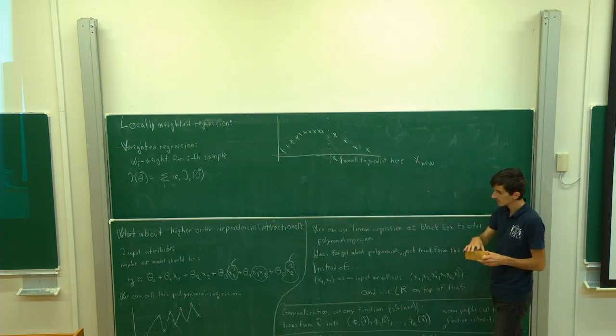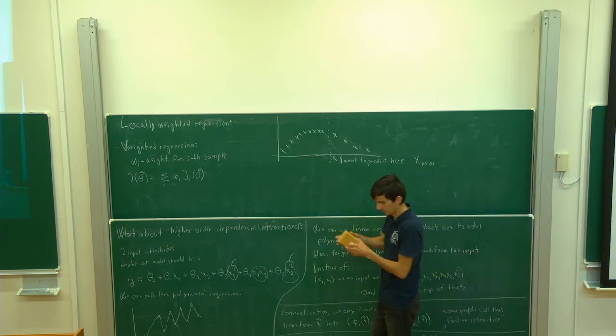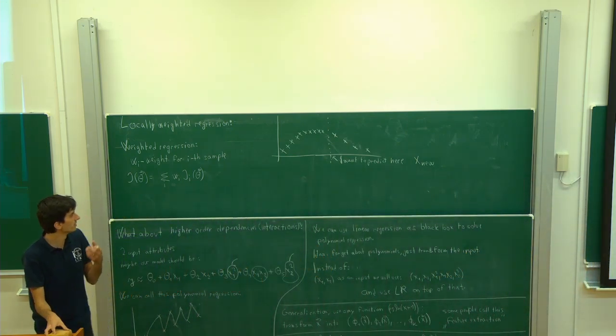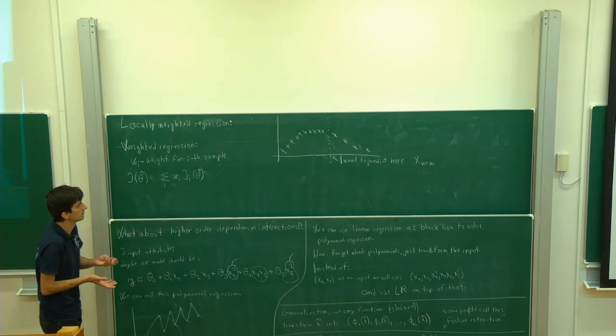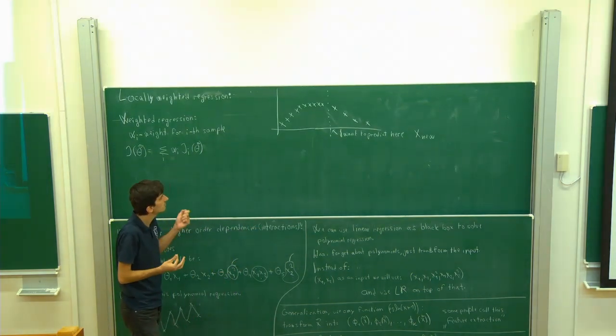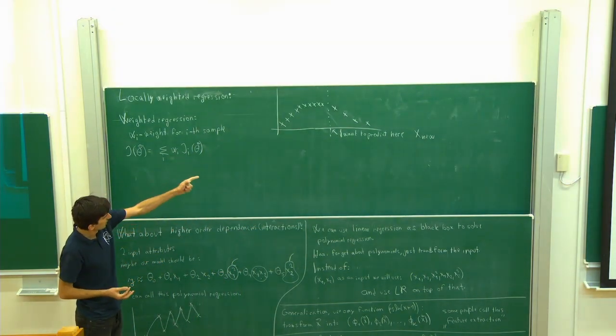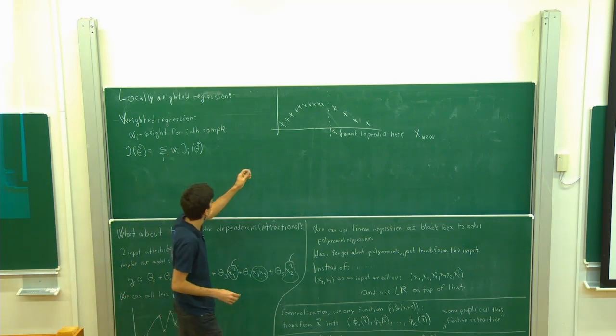Not much. So the idea in locally weighted regression is that I will solve the linear regression every time I want to make a prediction, which sounds a bit silly, but that's the idea of locally weighted regression still. So I will assign the higher weights to the nearest points.